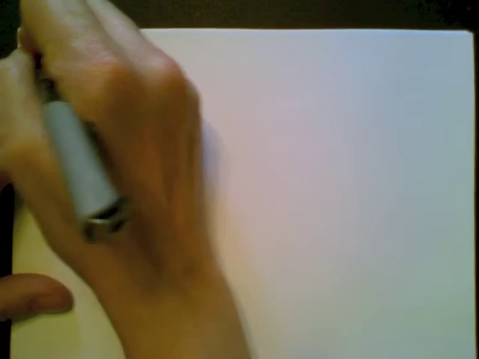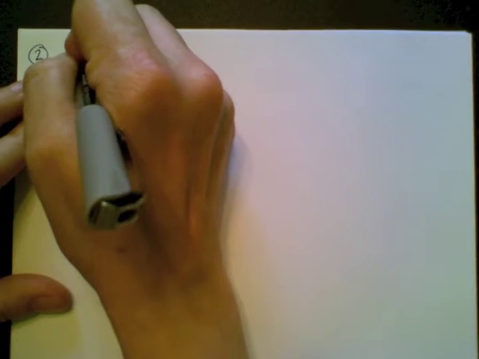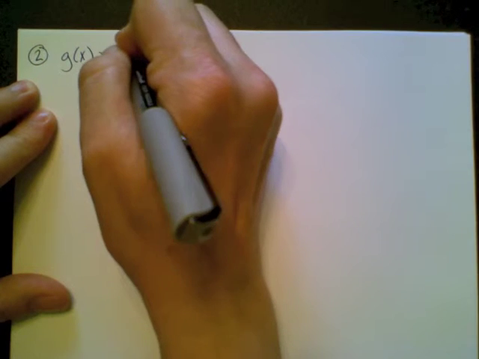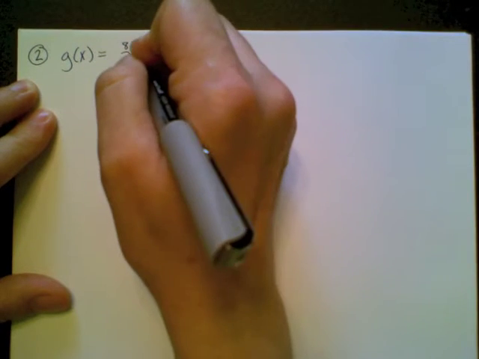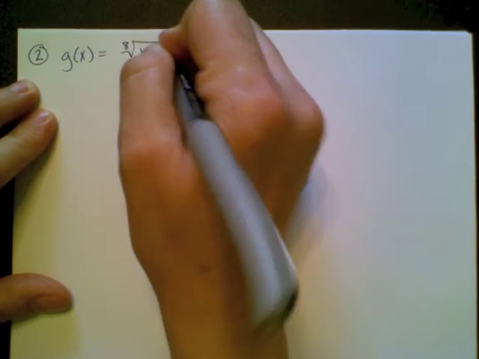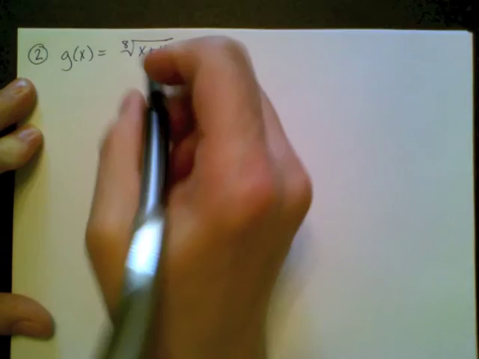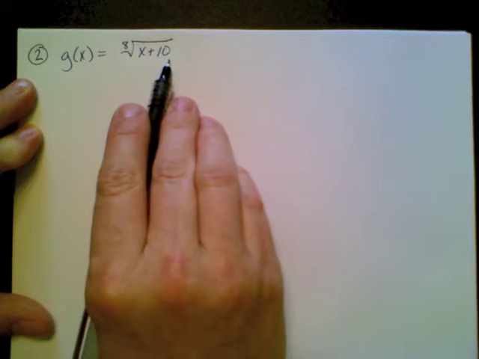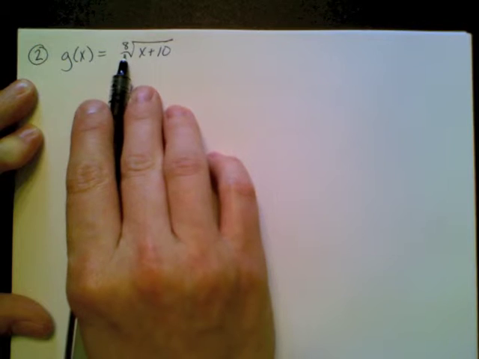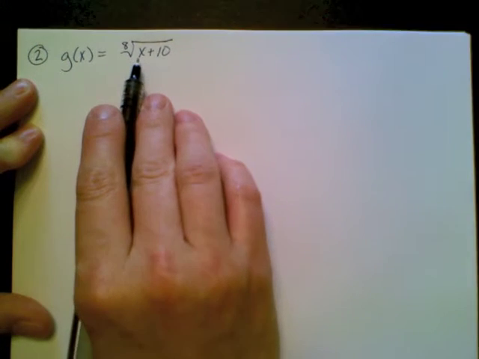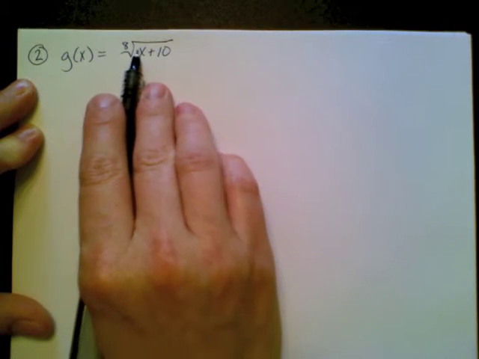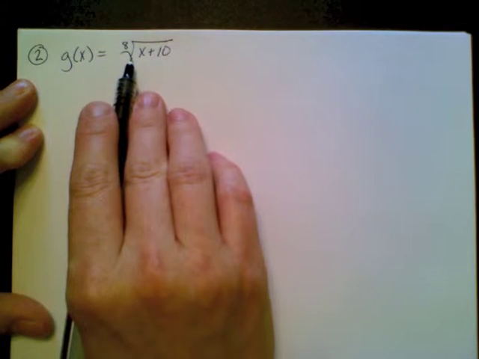Okay, our next function that we're finding the domain for is g of x equals the 8th root of x plus 10. So here we have a radical, and it's an even root. That means the radicand must be positive or 0.